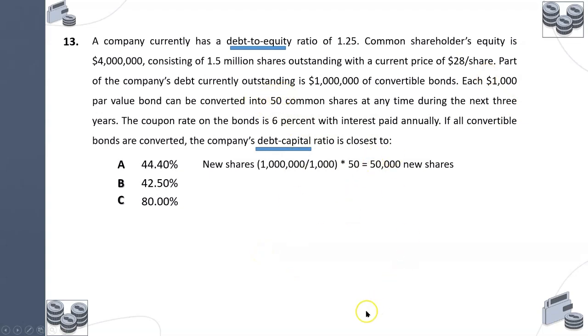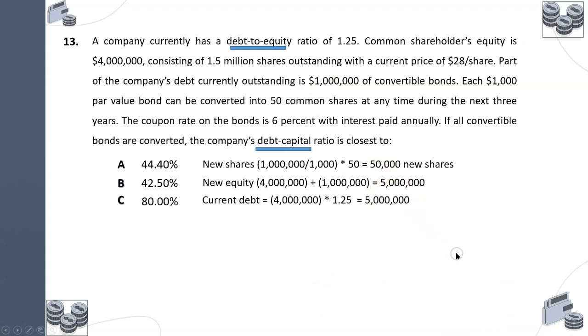So the company will issue 50,000 new shares, and the equity will increase by the same amount because we debit the convertible bond to make it zero and credit the equity, but this is not accounting. What I want to say here is that the new equity will be the 4 million we have plus the 1 million of redeemed convertible bonds. So the new equity will be 5 million.